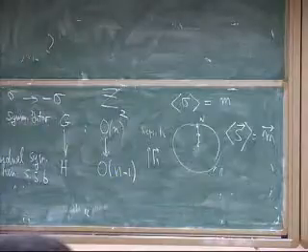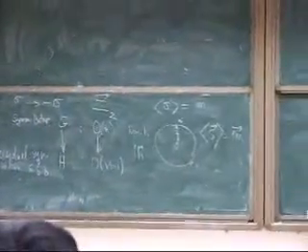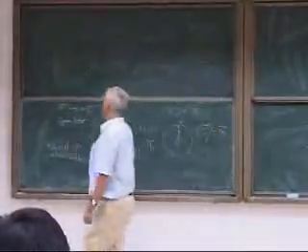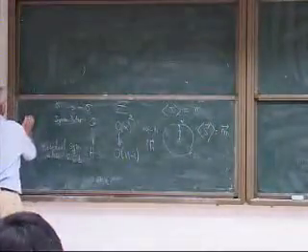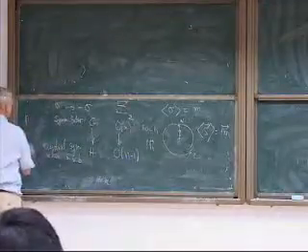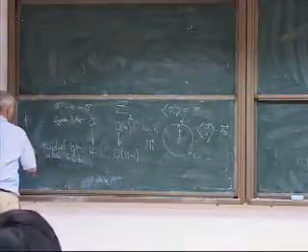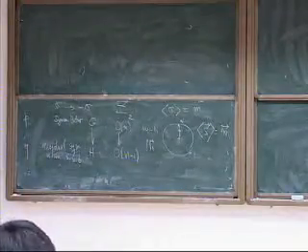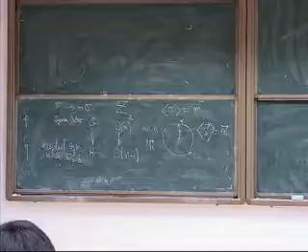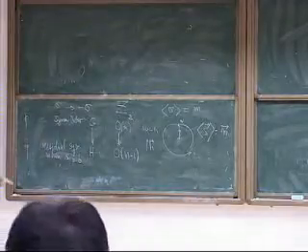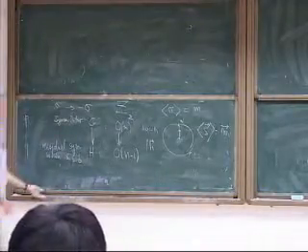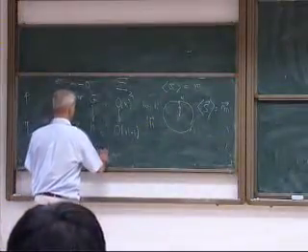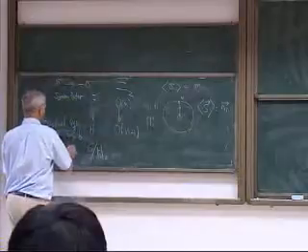G goes to H. H is a subgroup of G, of course. If G is a continuous group depending on P parameters, and H on Q parameters, the number of parameters of what is called the quotient group, G over H, is P minus Q.